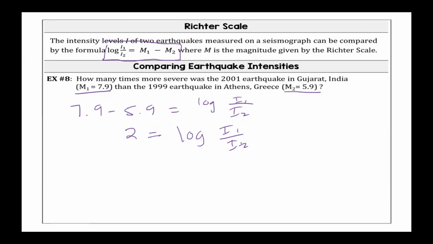So to find the intensity, we're going to use our inverse operations. Our log base here, it's common log, so therefore it's a base of 10. And so in order to get rid of this, we're going to raise everything to the 10 on both sides. This is going to cancel out using our log properties. So we're left with 10 to the 2 equals our intensity 1 divided by intensity 2. So therefore, this equals 100.